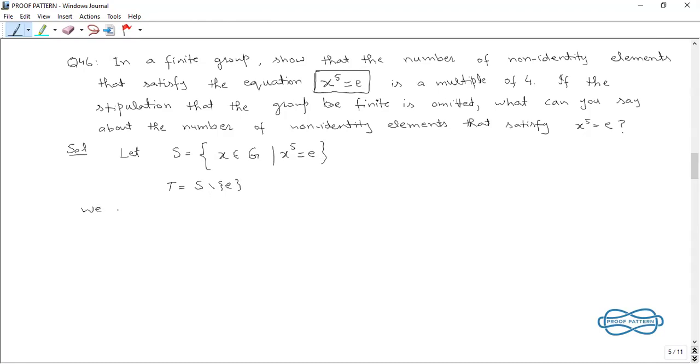Now we want to show that the cardinality of this set T is a multiple of 4.